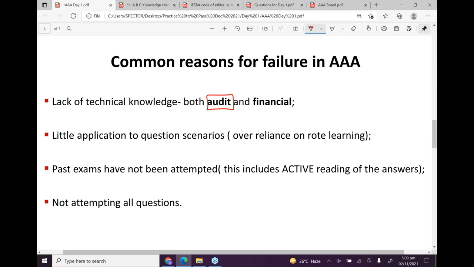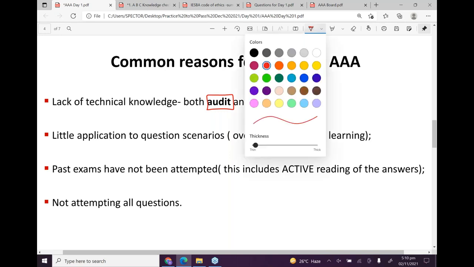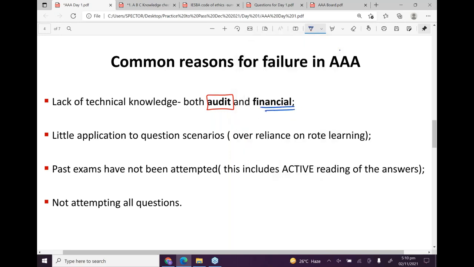Now, any student who's actually studied this paper through a study text, through a learning partner, or anything at all, you should be completely comfortable with the audit knowledge. You don't need to know the auditing standards in detail. What you do need to know or have are the basic concepts. Then, and in my opinion, the second one is the more frequent reason, lack of accounting knowledge.